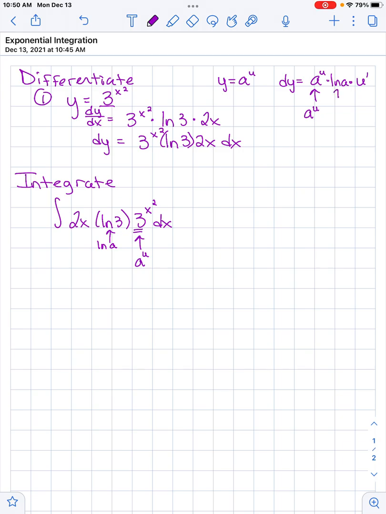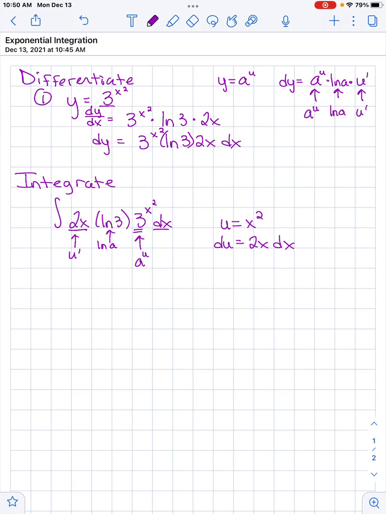And finally, since u was equal to x squared, du is 2x dx. So this 2x and this dx were the u prime, or du, if you will.